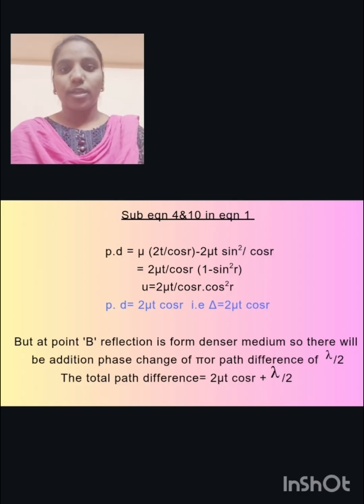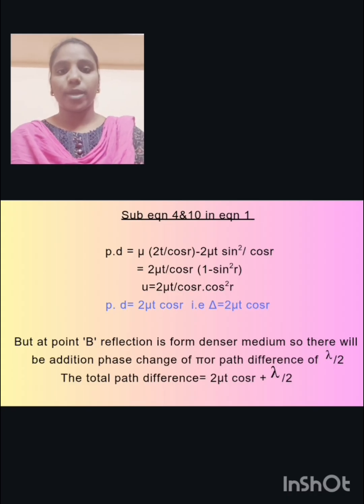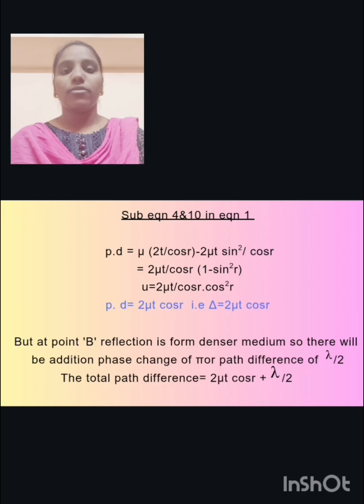But at the point of reflection from a denser medium, there will be an additional phase change of pi, or a path difference of lambda by 2. The total path difference is equal to 2 mu t cos r plus lambda by 2.